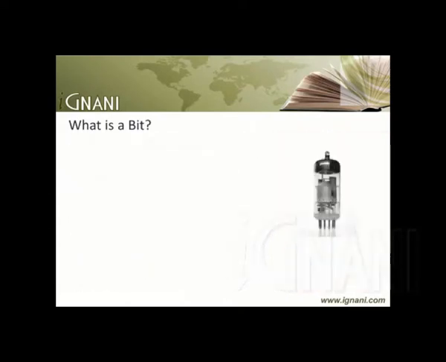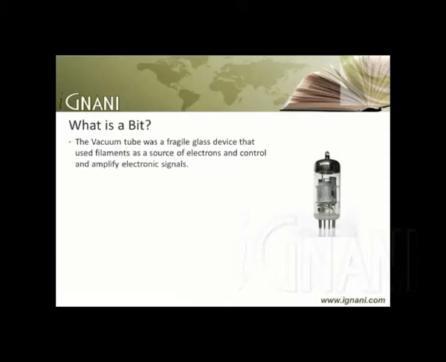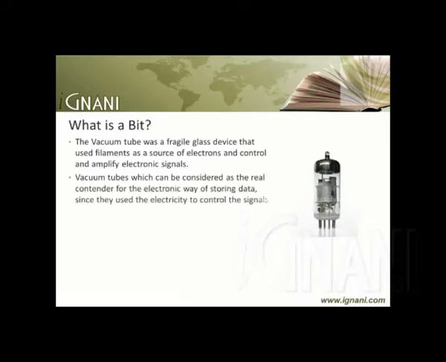The next major invention was the vacuum tubes, a fragile glass device that used filaments as a source of electrons, and could control and amplify electronic signals. It was one of the high-speed electronic switching devices available at that time. Though the punched card idea did use the on and off concept, it is these vacuum tubes which can be considered as their real contender for the electronic way of storing data.